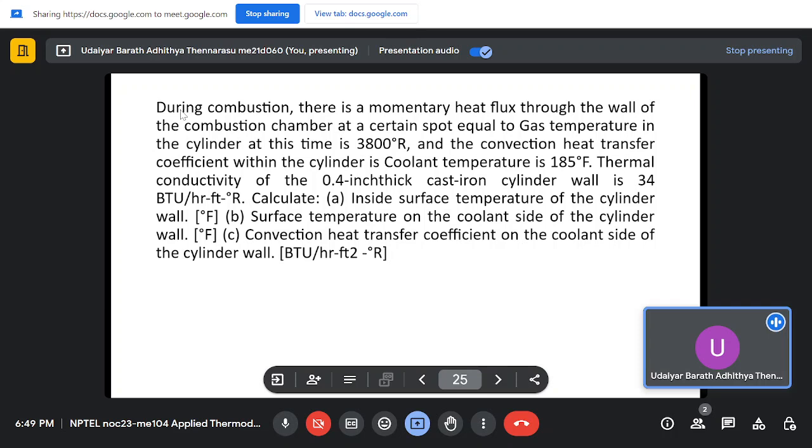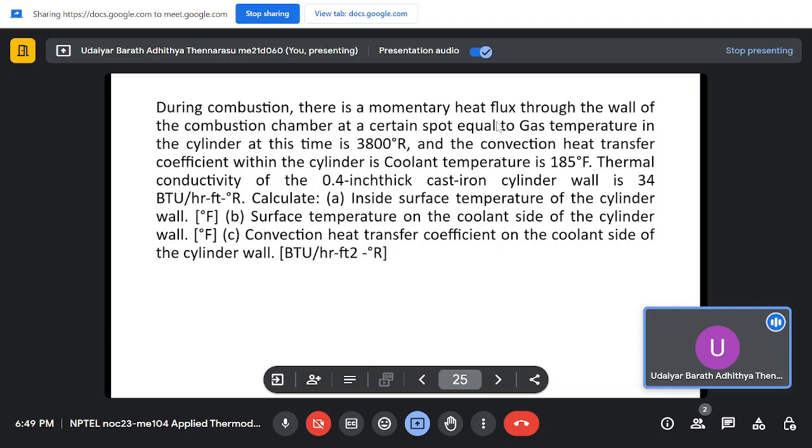We'll neglect Rankine; the units can always be converted. This is all in British standards. So during combustion there is a momentary heat flux through the wall of the combustion chamber at a certain spot. The combustion heat flux is 67,000. I think I have missed that, I'll make a change there.